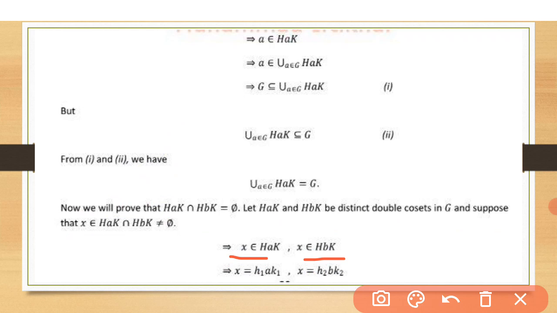So the elements of HAK are H1 A K1 and the elements of HBK will be H2 B K2. This means that this X in HAK looks like H1 A K1, and this X in HBK looks like H2 B K2.